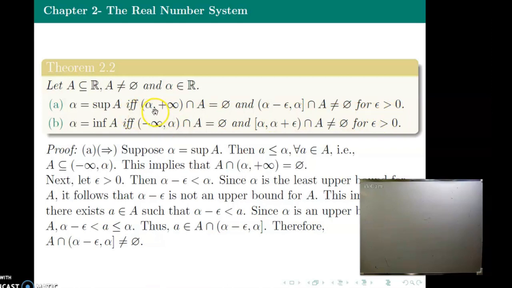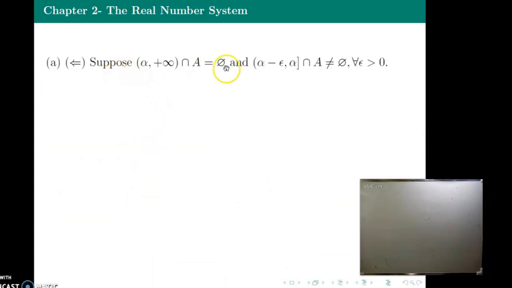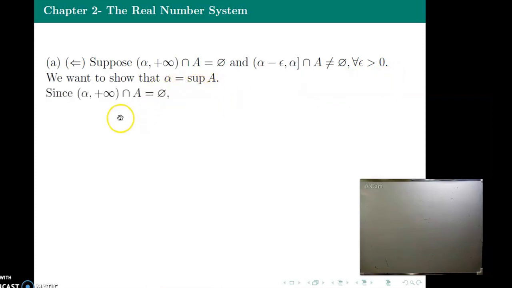It means we will assume that this is true, and then we will show that alpha is the supremum of A. So suppose the statement is true. Then we want to show that alpha is the supremum of A.